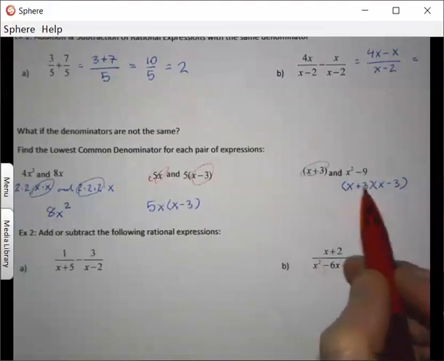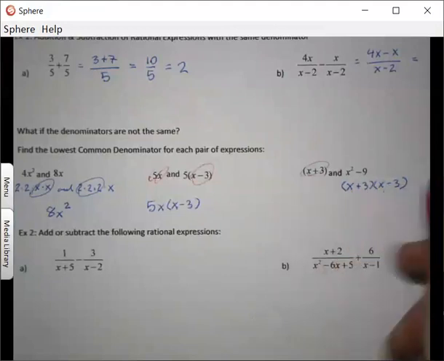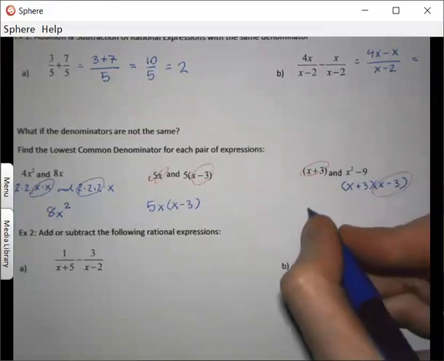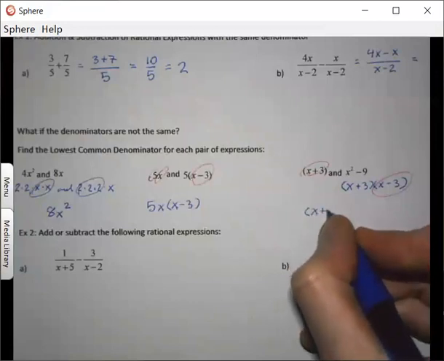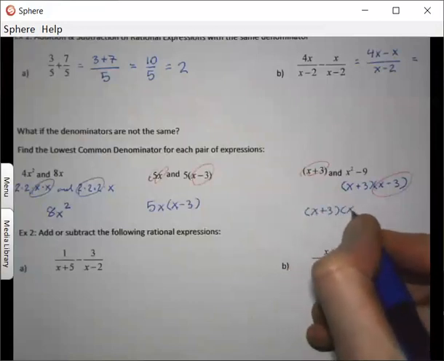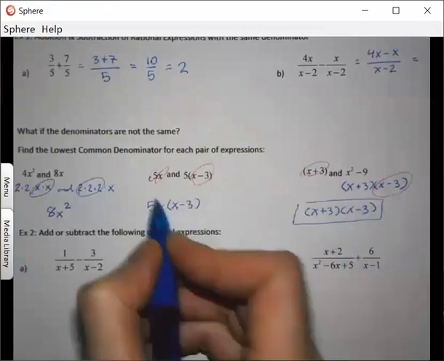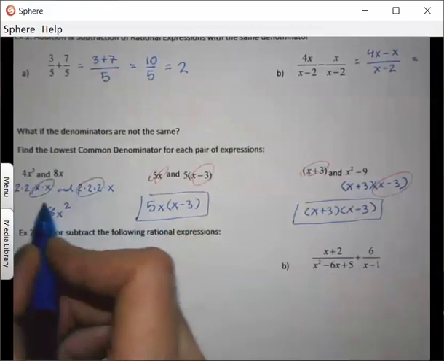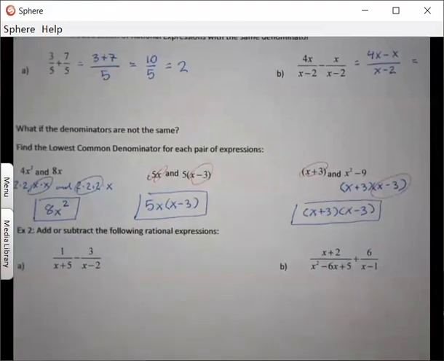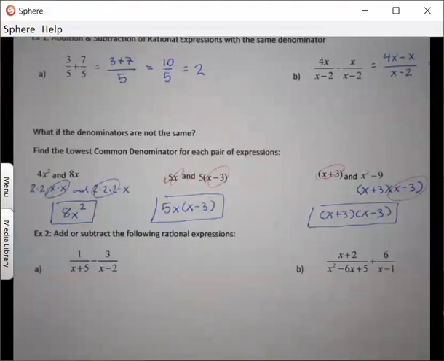I already have x plus 3, and x minus 3 is a different factor. So my lowest common denominator, I need x plus 3 and x minus 3. So it's going to be important to know what your factors are and how many you have.